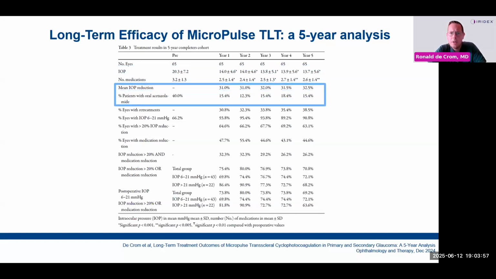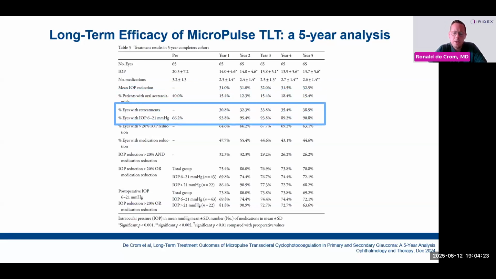During the 5 years, the mean intraocular pressure reduction in this group was around 30%, and this was a very stable level. Also, if we look at the patients who had to use oral acetazolamide, there was a great reduction in patients after 1 year, which also remained stable during the years thereafter.